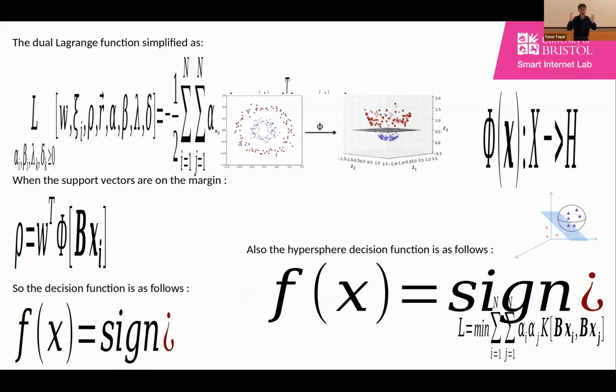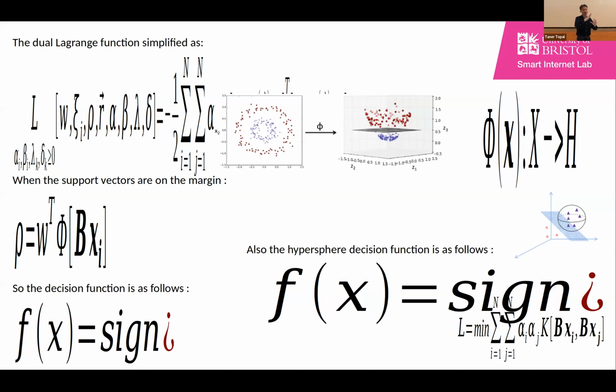So when the support vector is on the margin, we use this feature relevance as a diagonal matrix applied to the samples, which gives them a weight. If this feature is outstanding, it has more weight. If this feature is not outstanding, it has less weight.